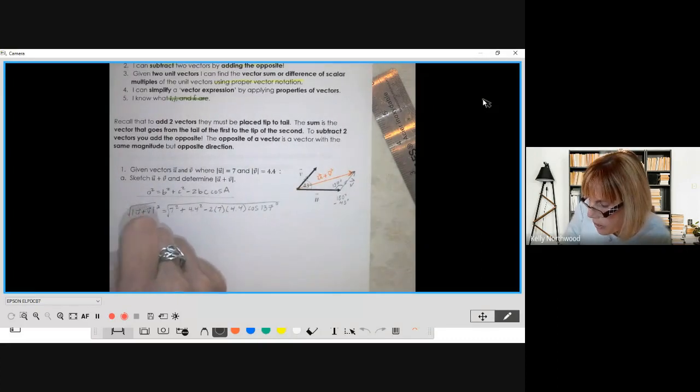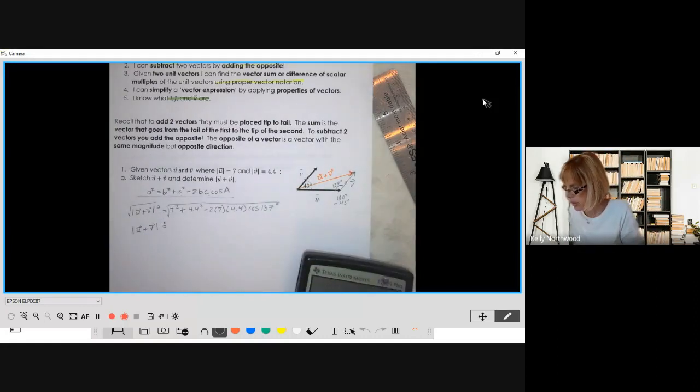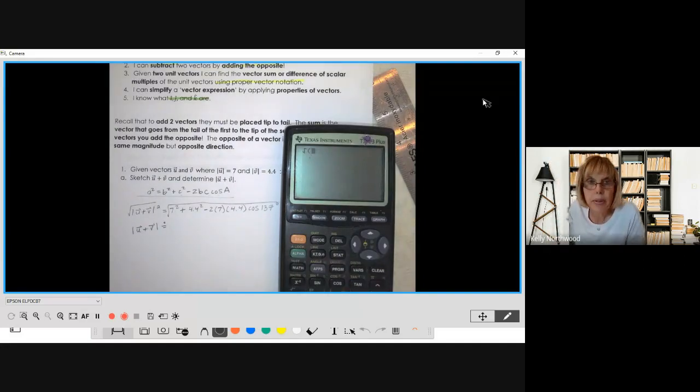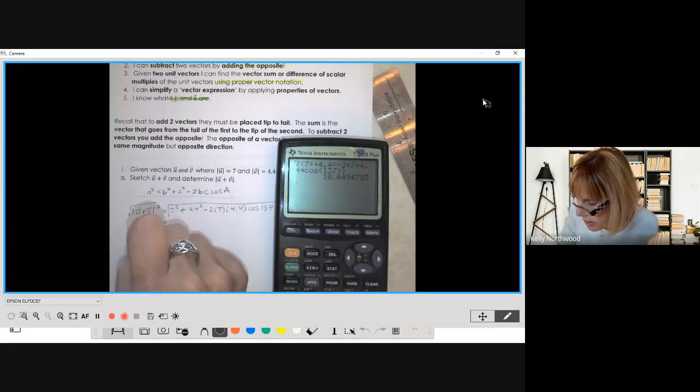So we end up with the magnitude of vector u plus v is approximately, and we want to put that in our calculator. So I'm starting with the square root. Some of you might end with the square root, depending on your calculator, how it works. Cosine of 137, another bracket to close the beginning one. Approximately 10.6 units.